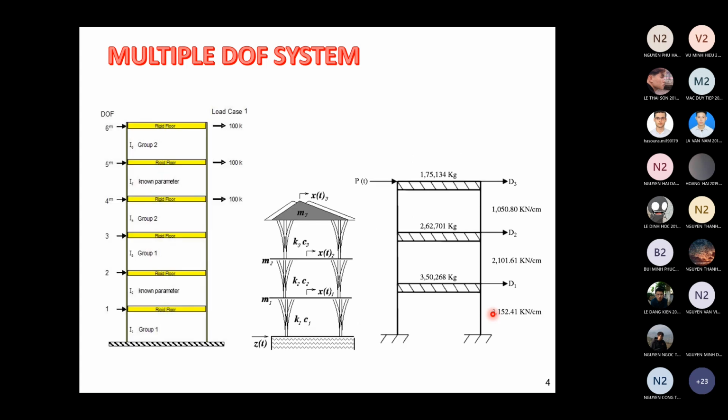Or you can see that this is a building. Yes, each building can be considered as one vibration system, with many floors. With a high building, you can say that it is also like a multiple degrees of freedom system. And this system will be considered by construction students, but for us, we only know about the modeling.